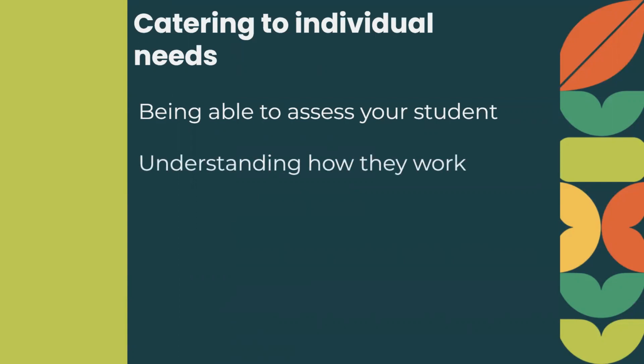And then again, I explained this earlier in understanding how they work. I think it's a really important thing to keep in mind, because not one size fits all with this. You need to be changing your strategy to every single child you have.